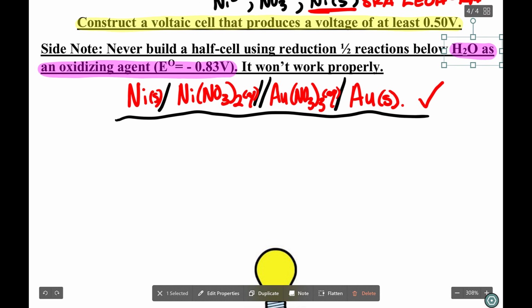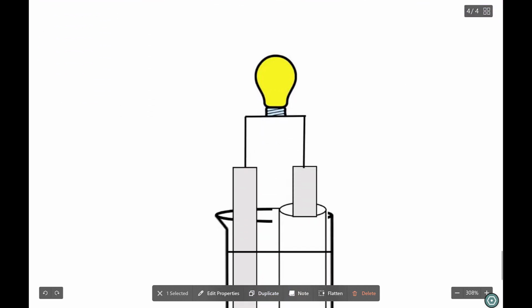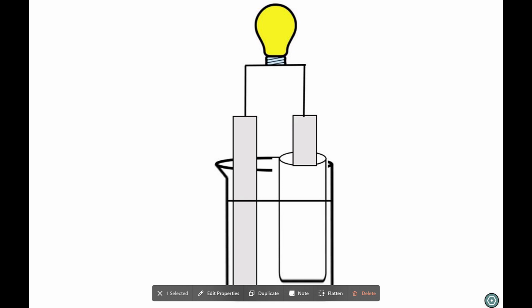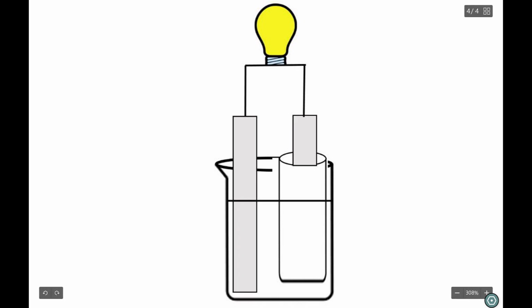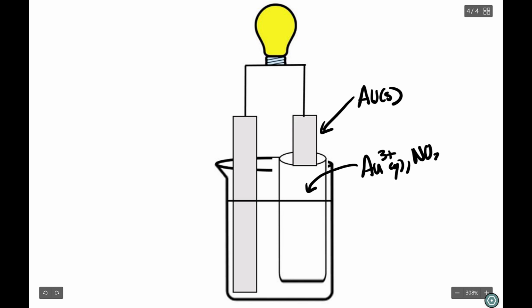Okay, let's go down to our picture. This is going to be a porous cup picture that we're going to work with. Let's assign one side as the anode and the cathode and fill some stuff in, and then I'll proceed with the questions. So let's say that this here is going to be gold solid. Inside the porous cup, I have gold 3 plus aqueous, and I have nitrate ions aqueous.